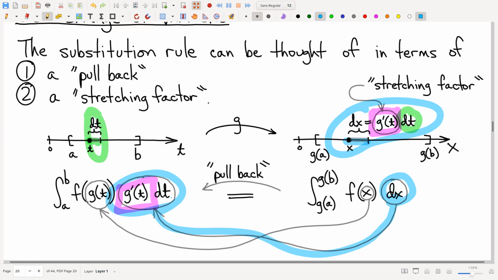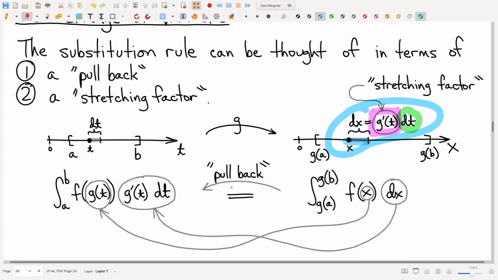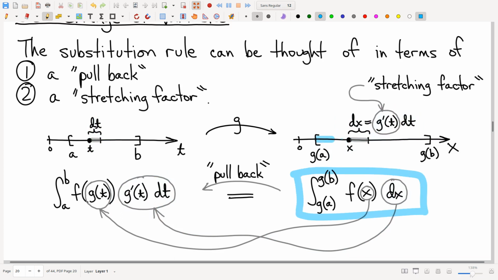Right? The other is this idea of a pullback, and a pullback is just kind of the big picture of what's going on here. We start with an integral defined on a domain, right? And by doing this substitution, by creating this function g, that's what we use for plugging in purposes. That's what allows us to turn x into g of t.